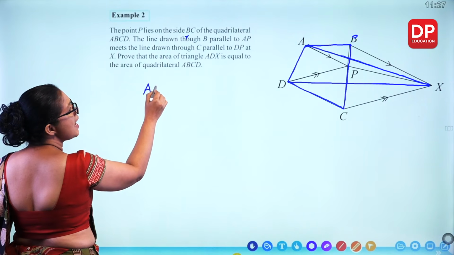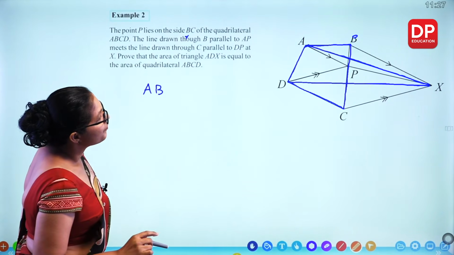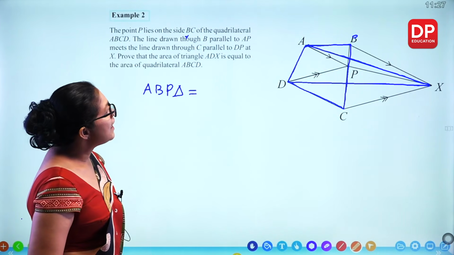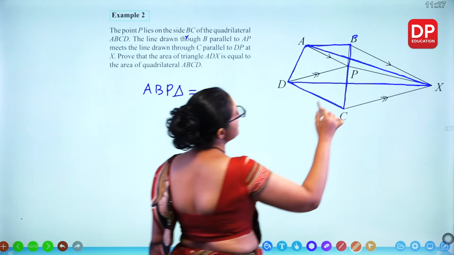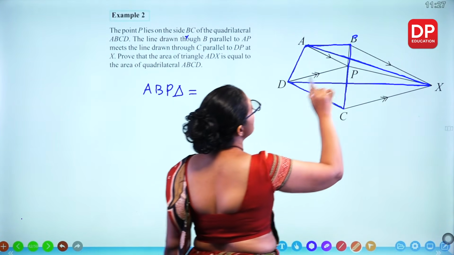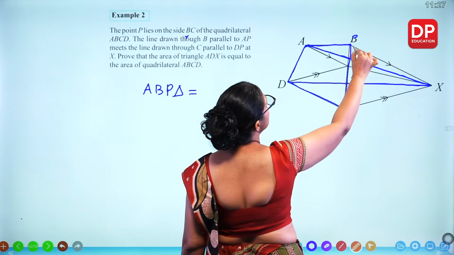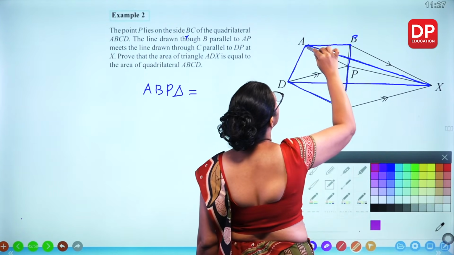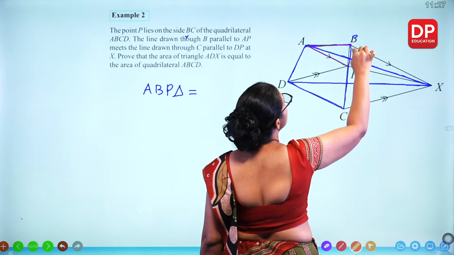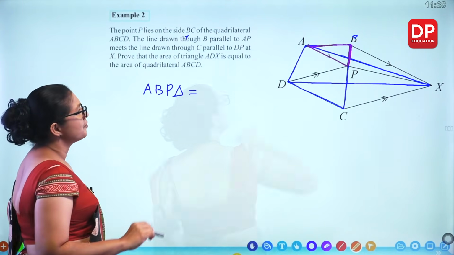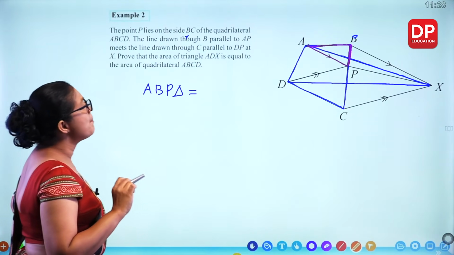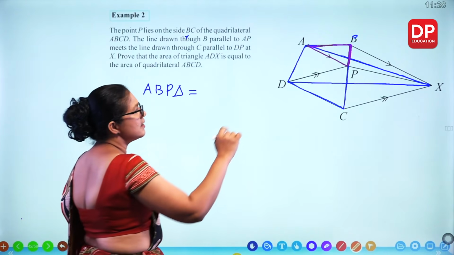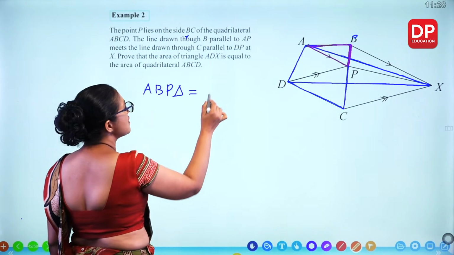I'm first taking ABP triangle. When you take ABP triangle, try to find out another equal triangle. Here, if you take AP base, what's the other triangle?